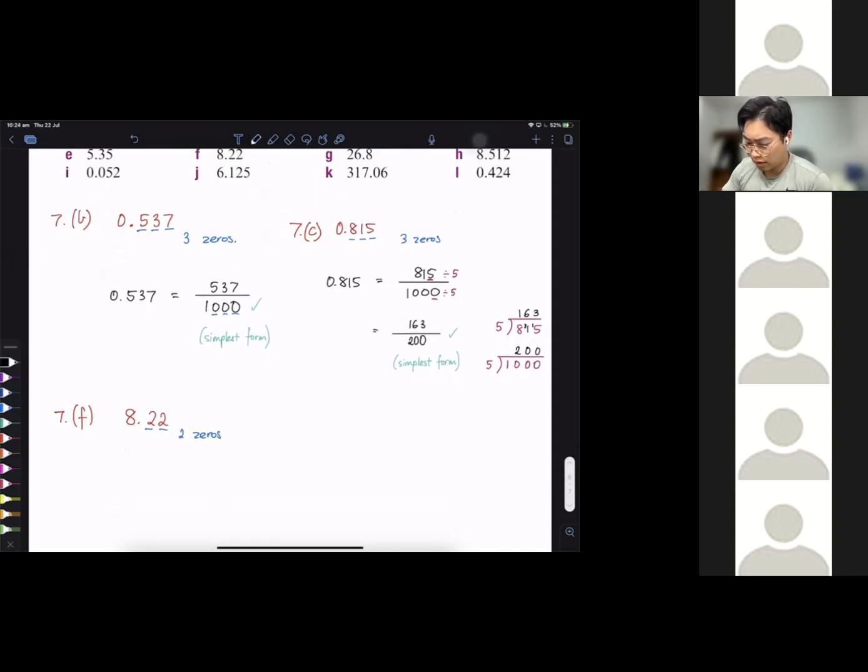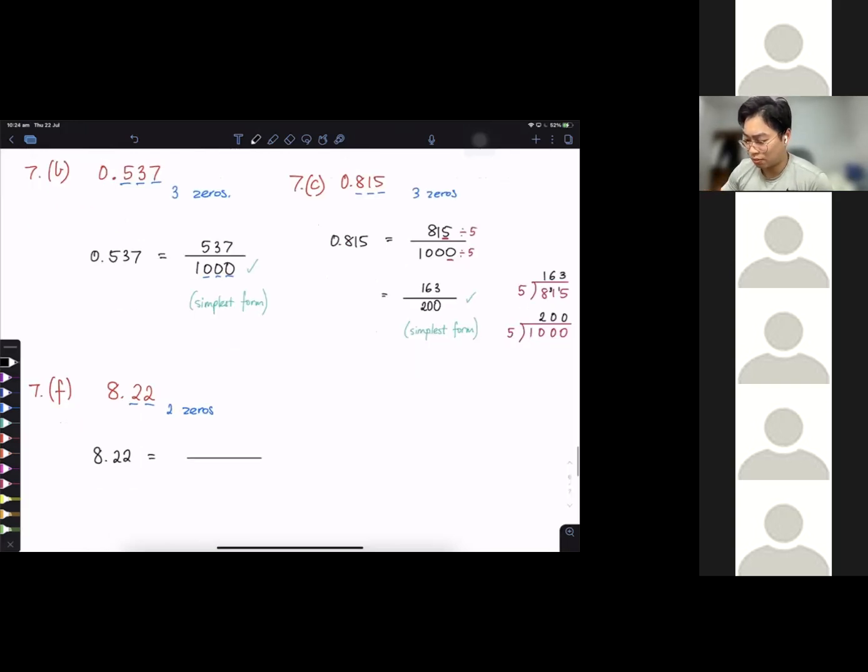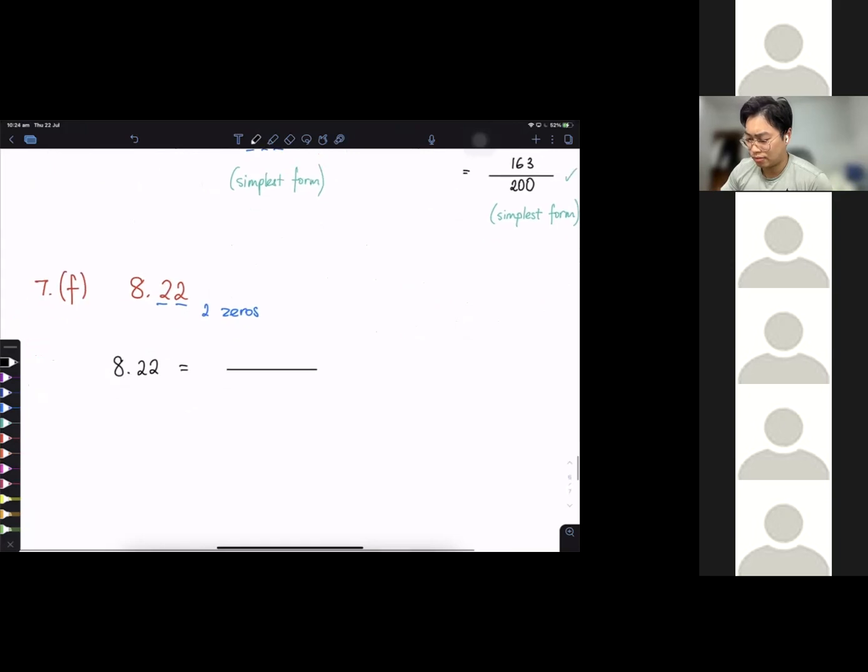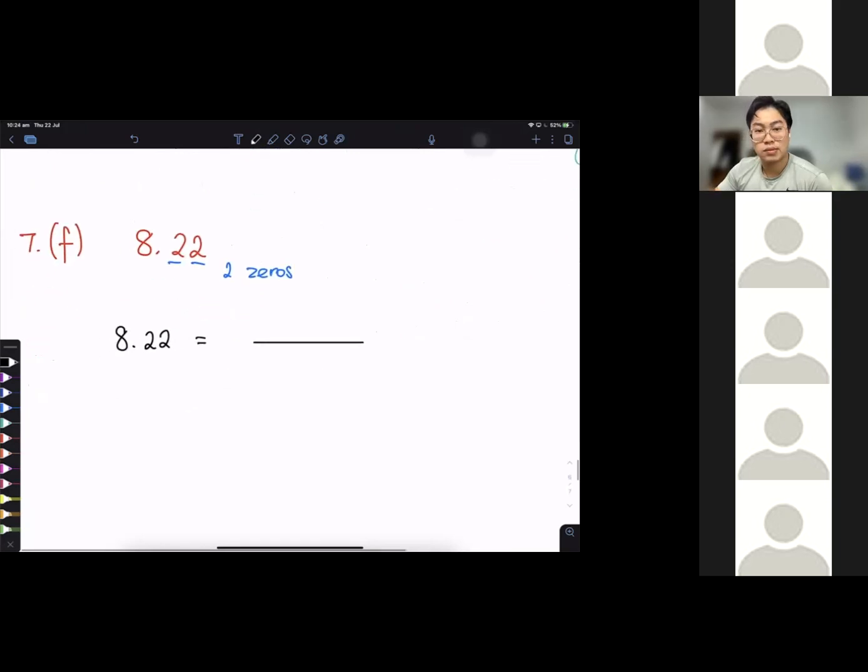Now, when we write our number in the numerator for our fraction, we just ignore the decimal point. So what's our number at the top going to be? 822. That's correct. Fantastic.